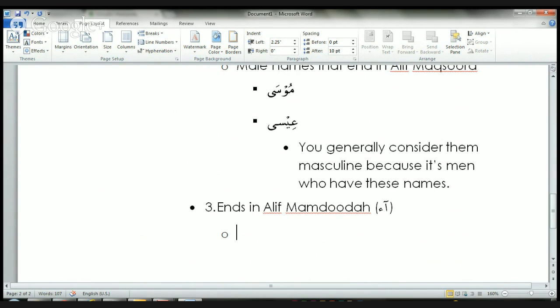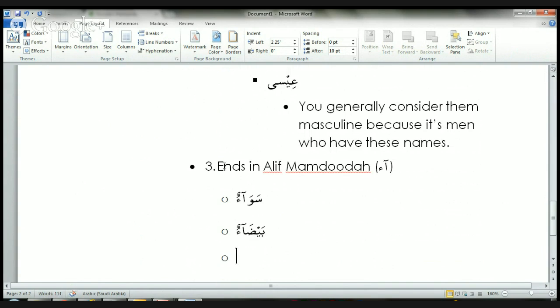For example, sawa'un, bayda'un, walillahil asma'ul husna. Asma.